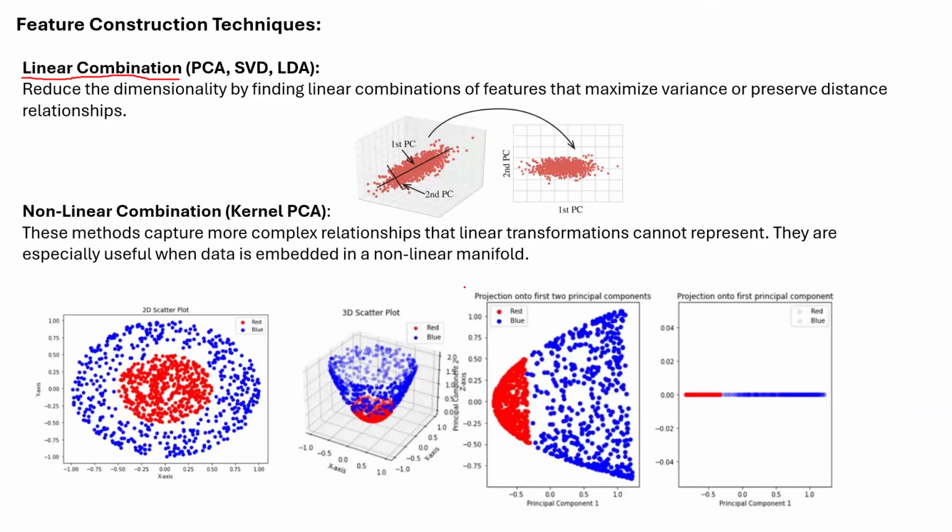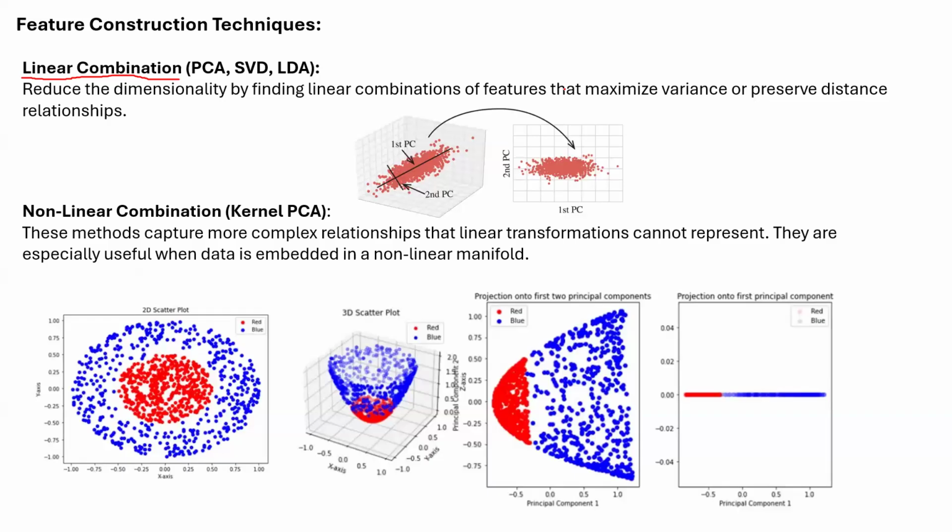So it reduces the dimensionality. We are talking about dimensionality reduction techniques. It reduces the dimensionality by finding the linear combination of features that maximize variance or preserve distance relationship. We will come back to this shortly.